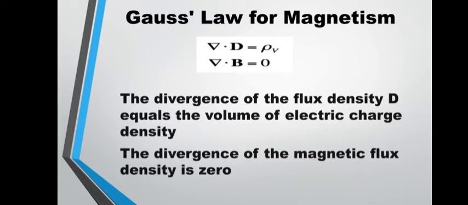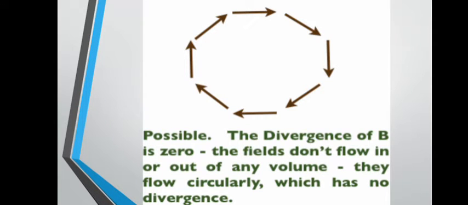The second law is Gauss law for magnetism. The physical meaning of this law is that monopoles do not exist. The divergence of the electric flux density D equals the volume electric charge density, while the divergence of the magnetic flux density is 0. Let's see how it becomes 0.